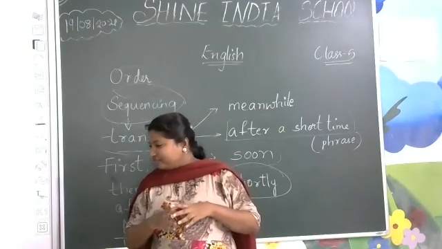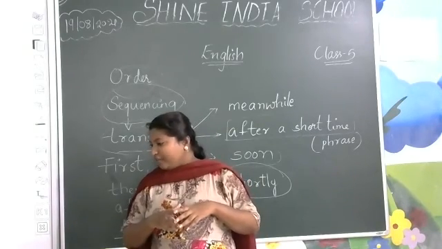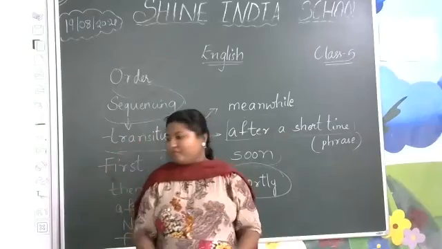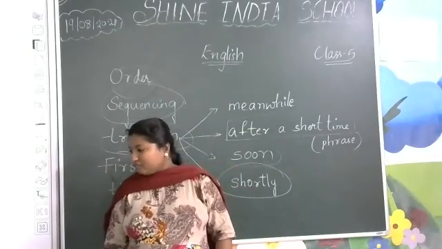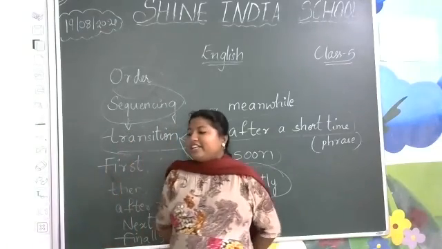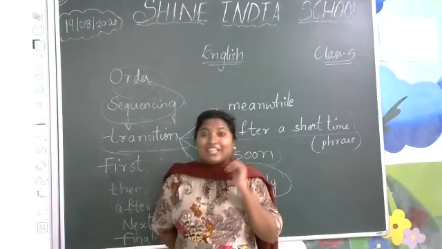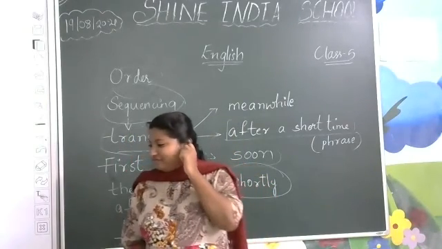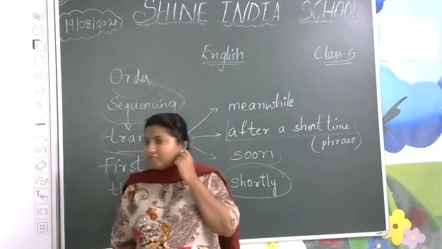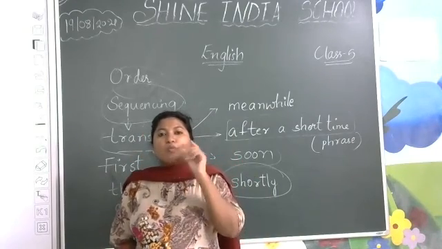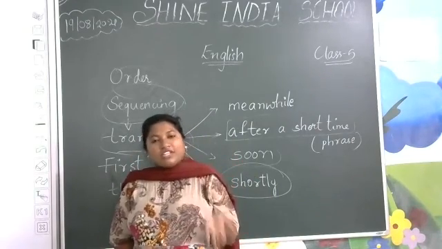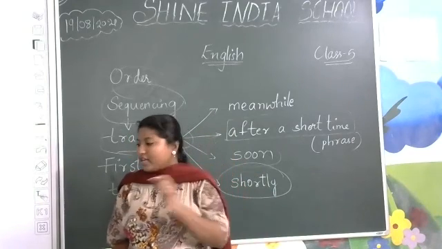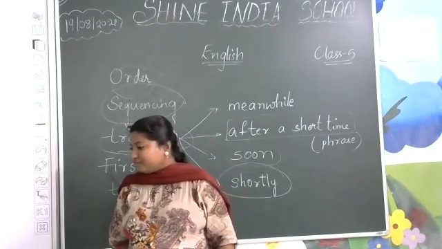Okay, children? I'm telling the portion. Block 2 test will be on Saturday. Okay. So the slip test will be on Block 2. I will send you the notes today of simple past tense and past continuous tense. Okay, children?